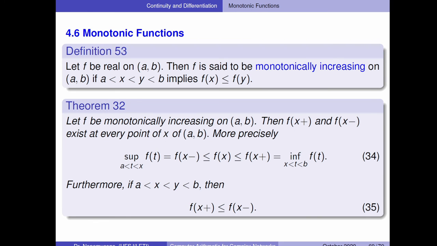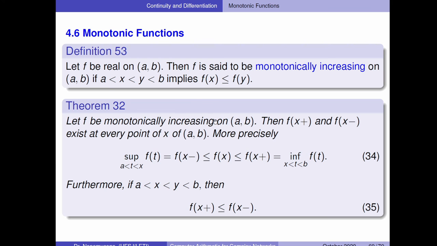Monotonic functions are quite easy to understand because when you get a monotonic increase, if you have a lower than x, lower than y, lower than b, it implies that f(x) is lower than f(y).